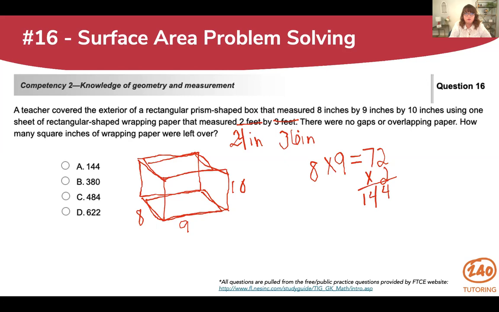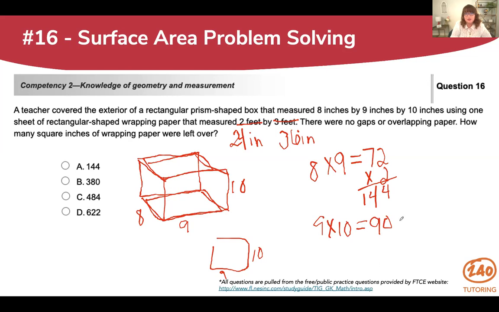I get 144. So the wrapping paper to cover those 2 would be 144. Now I'm going to take this front piece that's 9 by 10, and it's got the corresponding back piece over here. 9 times 10 is 90, and I have 2 of those, the front and the back.